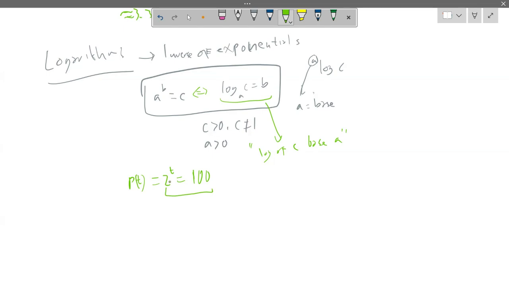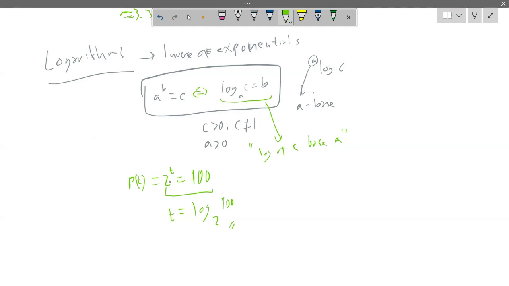We can see that the equivalent form here is t is equal to log of 100 base 2, right? And now we stop here.